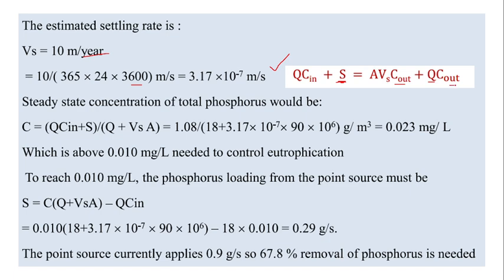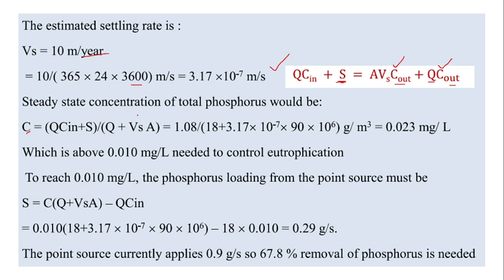Here we need to find the C out initially, which is what is asked. So we rearrange this equation. We take C out as common, and it becomes (A Vs plus Q) into C out. We need only C out, so we divide: C out equals (QC in plus S) by (Q plus Vs A). This is how this equation is derived.